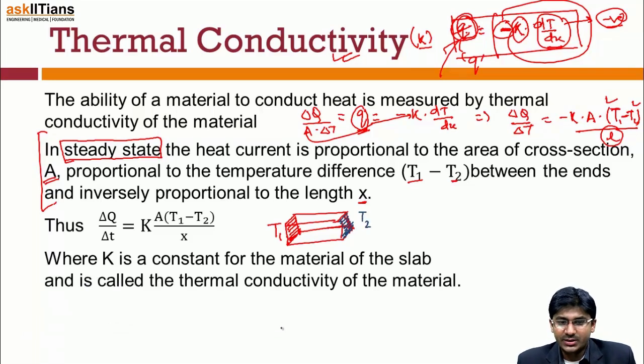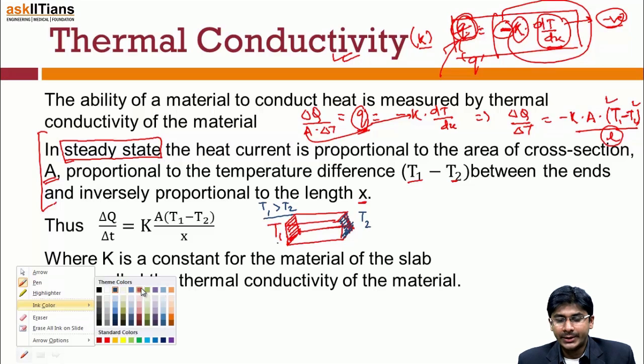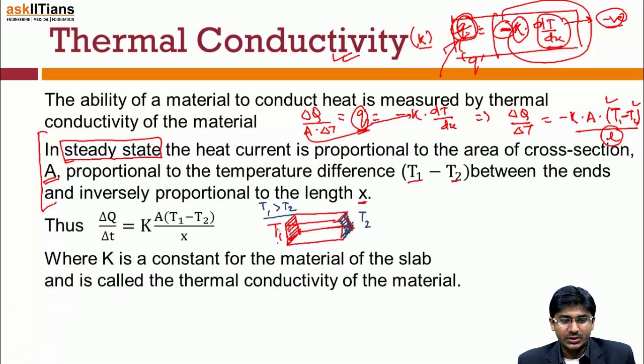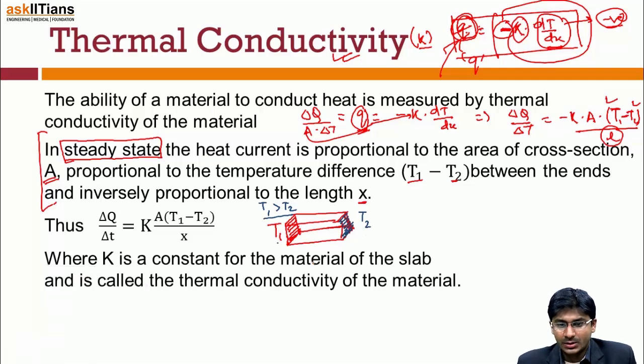I assume that T1 is greater than T2, meaning this is the hot end and this is the cold end. The thermal conductivity is given to you, and this length is L.